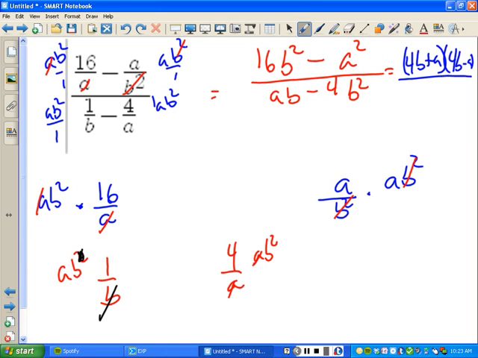B is common, you're left with a minus 4b, yes? Right? The b is common to both, so I take it out, and I'll be left with a minus 4b. So let me write that somewhere.